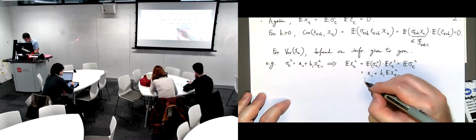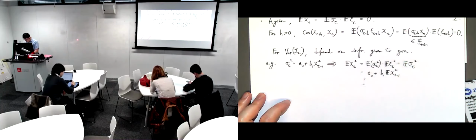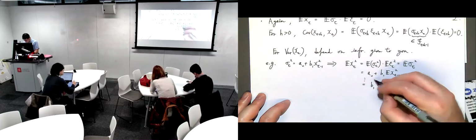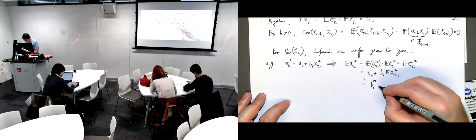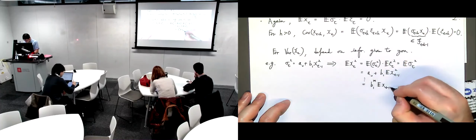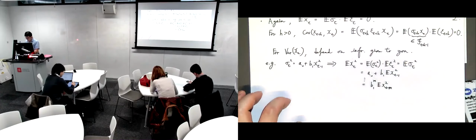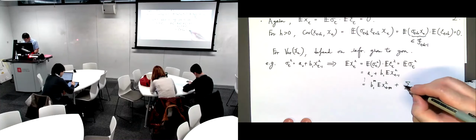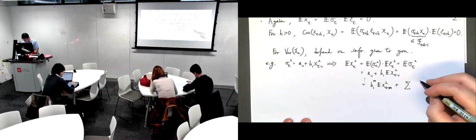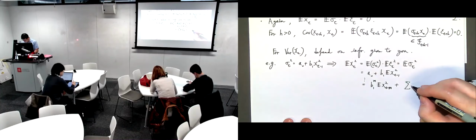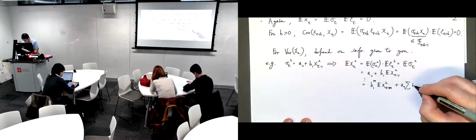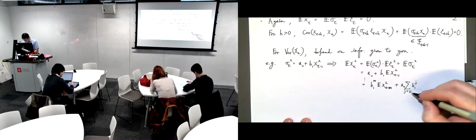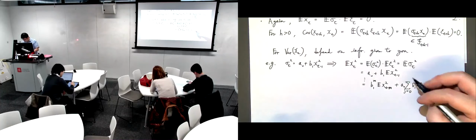So if you iterate it, say m times, what do you get? You get b1 to the m times the expectation of x_{t-m} squared, plus a naught times the sum of b1 to the j, j from 0 to m minus 1.